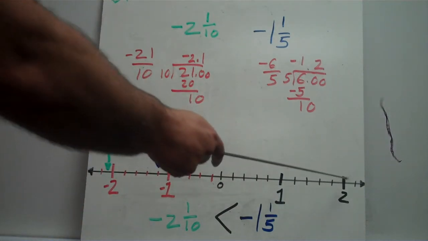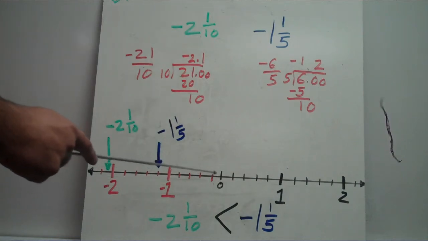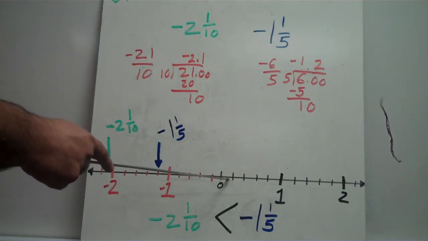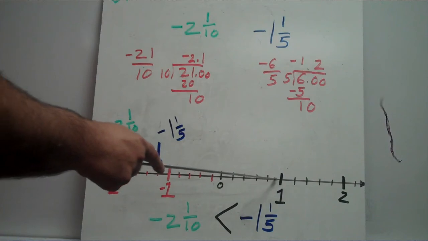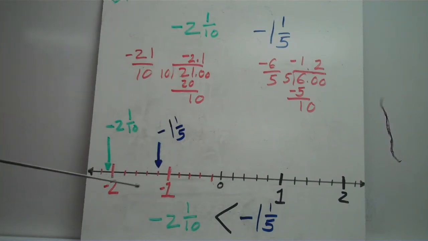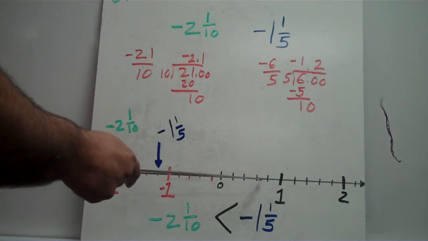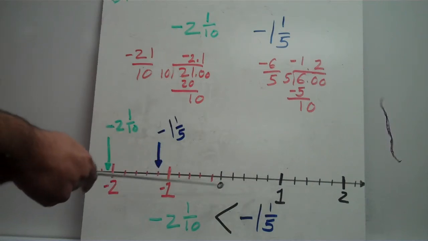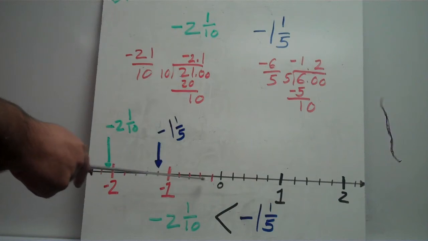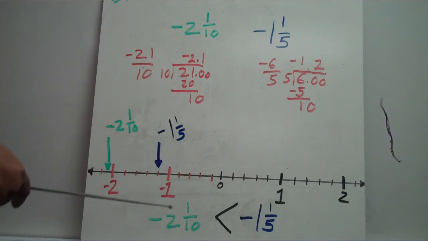If we look down at our number line, unlike the last time when I had it broken into fourths, this one's broken into fifths. So there's 1, 2, 3, 4, 5 sections. These little slash marks would be going up by increments of 2/10. So this would be 2/10, 4/10, 6/10, 8/10, and then 1 whole. And on the other side, negative 2/10, negative 4/10, negative 6/10, negative 8/10, and then again 1 whole.